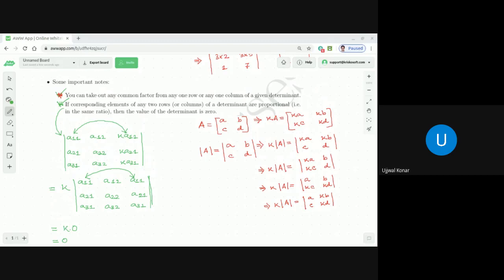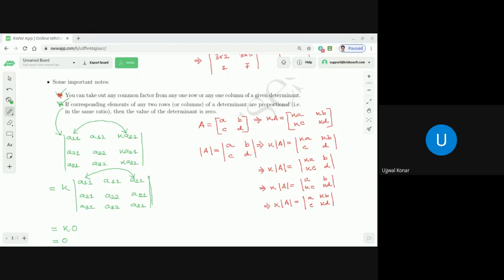And that is, if some or all elements of a row or a column of a determinant are expressed as sum of two or more terms, then the determinant can be expressed as sum of two or more determinants.